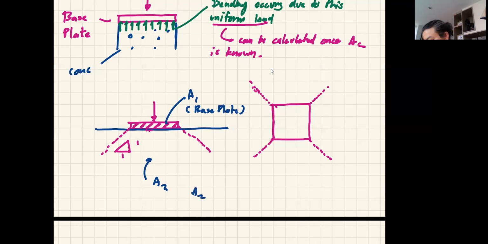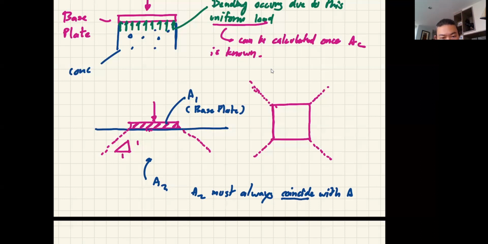And A2 must always coincide with A1. So it has to be of the same shape, and they always have to coincide, which means that their centroid must be at the same place.